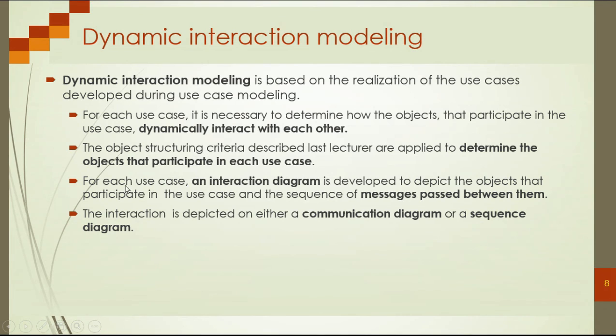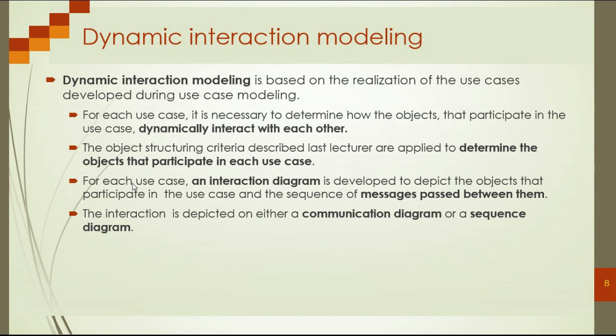So here we will also develop the interaction diagrams. What we mean by the interaction diagrams is the sequence diagram and the communication diagram. We should develop both the sequence and communication diagrams.